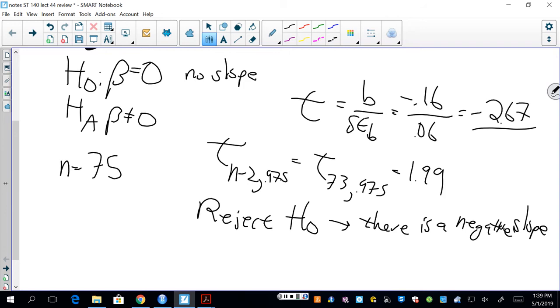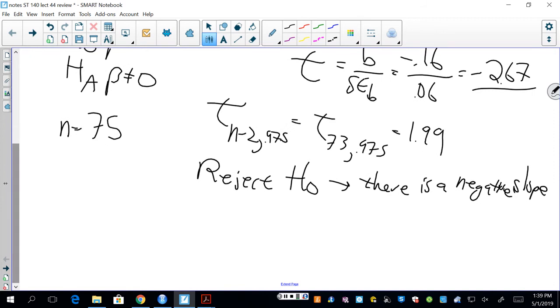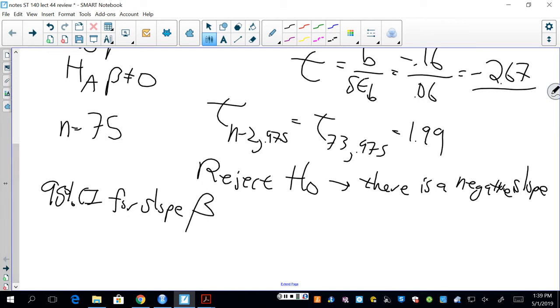Another thing you can do is a confidence interval for the slope, so 95%. The confidence interval for the slope would take the b plus or minus this t-value of 1.99 times the standard error for b.